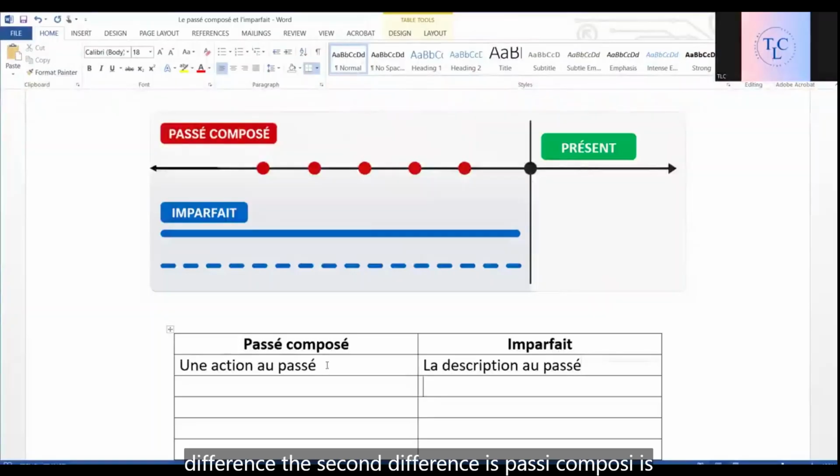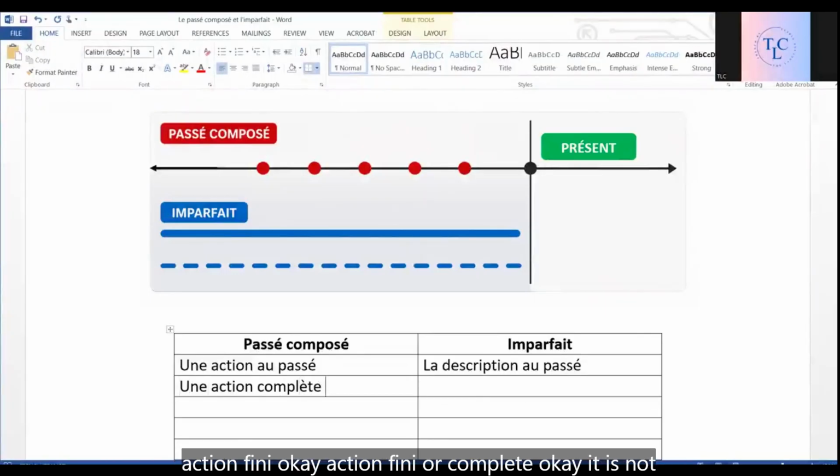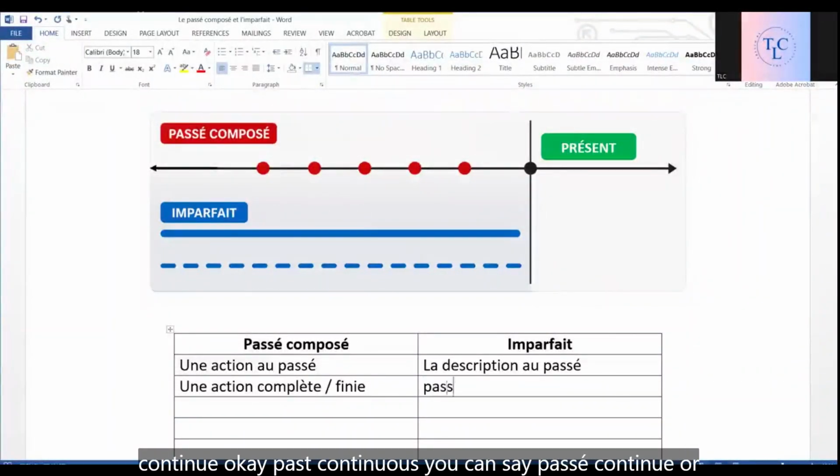The second difference is passé composé is something that is not continuous. Une action complète, action finie, action finie or complete. It is not something that was ongoing. And imparfait is passé continu.